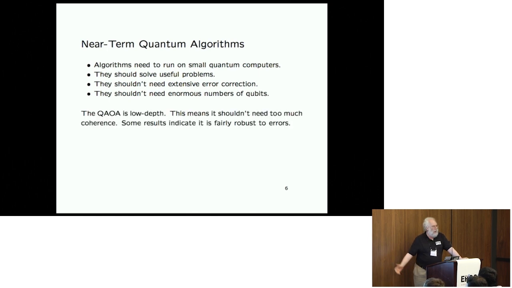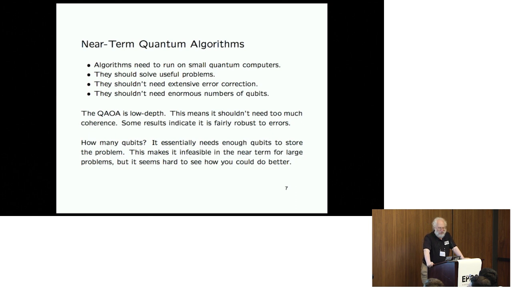And this is why people are looking at the QAOA. It's low depth. That means it shouldn't need too much coherence. And there are some results that indicate it's fairly robust to errors. Just being low depth is already a very good indication that it's robust to errors, but it seems even more robust than just the low depth would indicate.